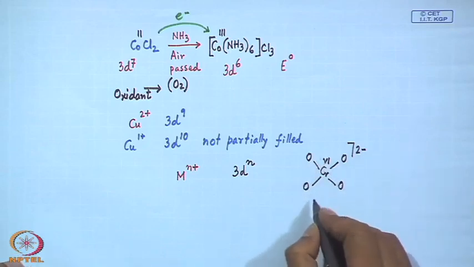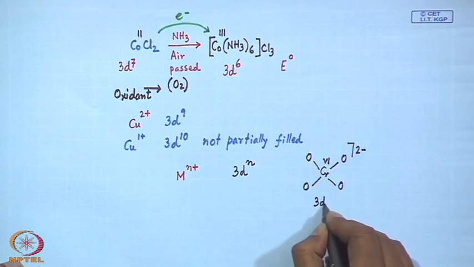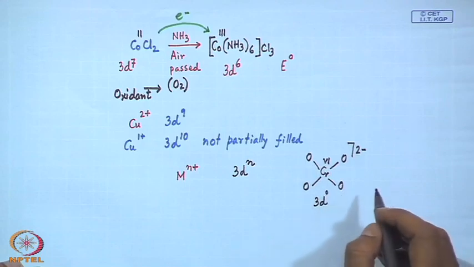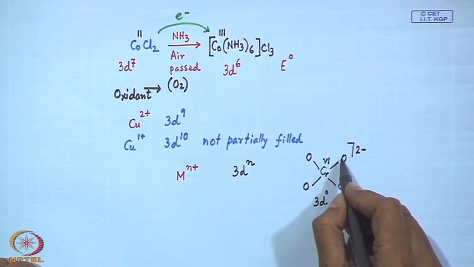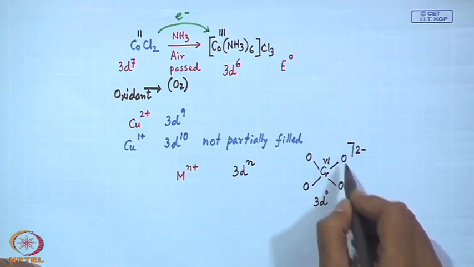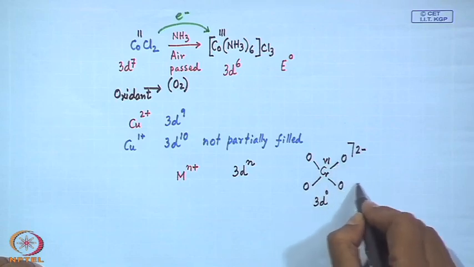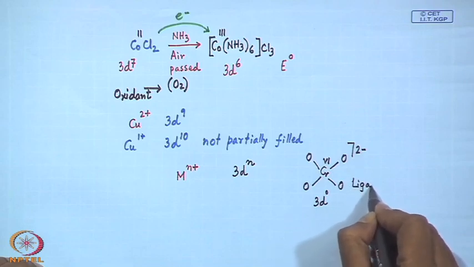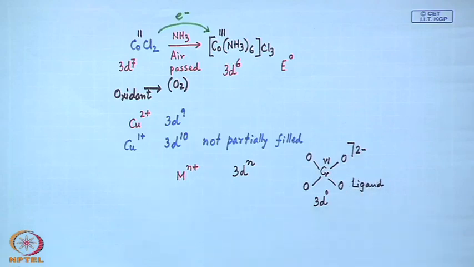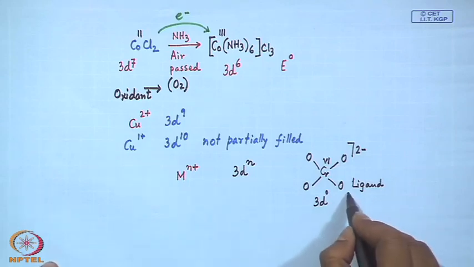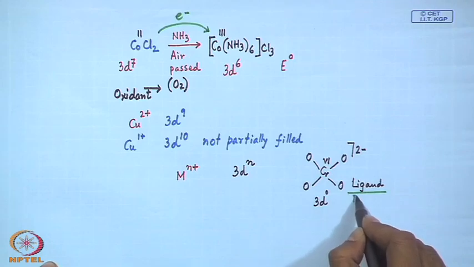So, this is a d0 situation, we do not have any electron in it, but these O minus, the oxide anions, are highly charged. So, these oxide anions are now functioning as good ligands, and these ligands are basically our bases.